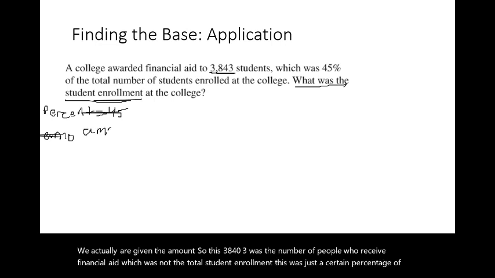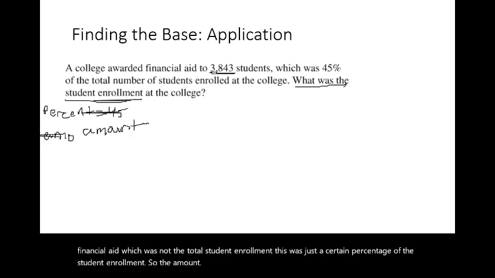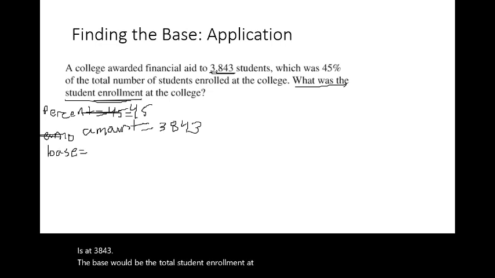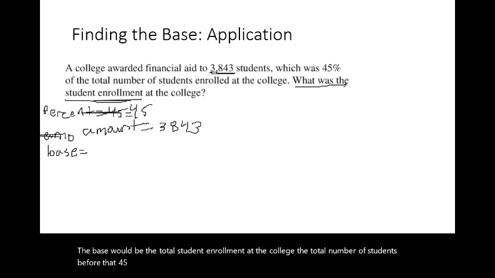So the amount is 3,843. The base would be the total student enrollment at the college, the total number of students before that 45% was taken. Since we are asked what was the student enrollment at the college, that means we do not know the base, so x is going to go in for the base.